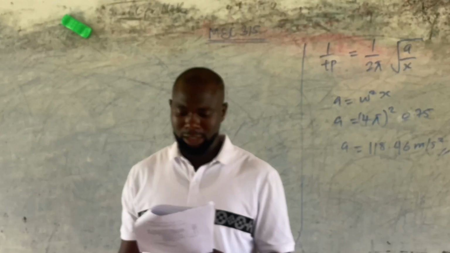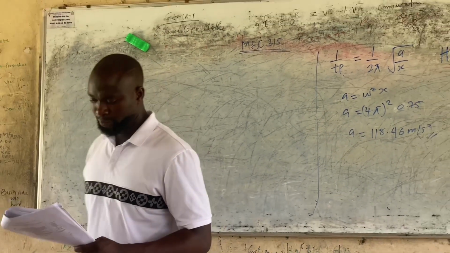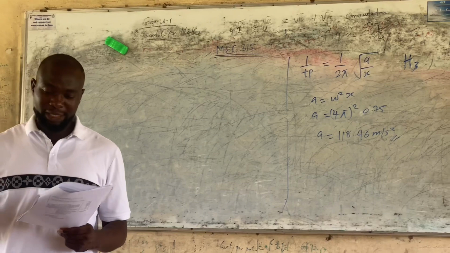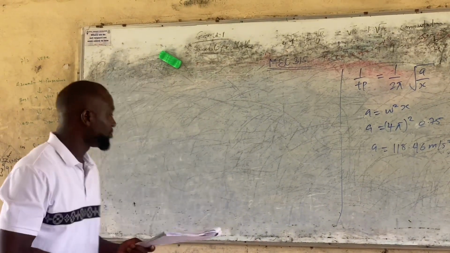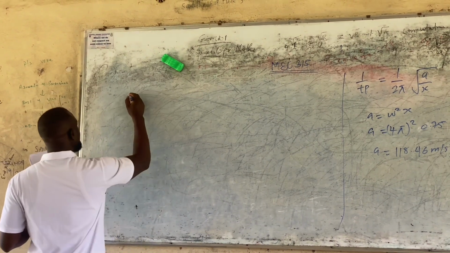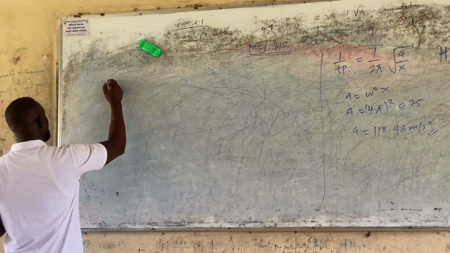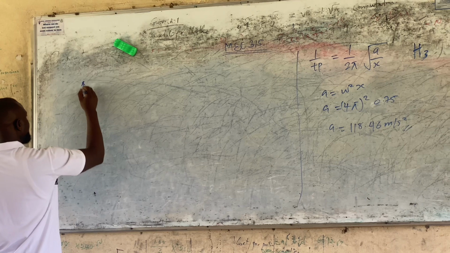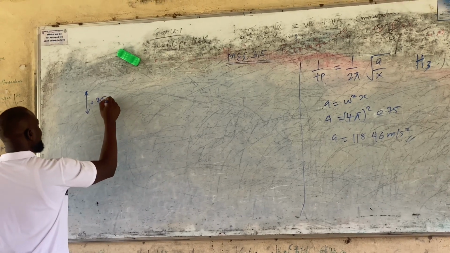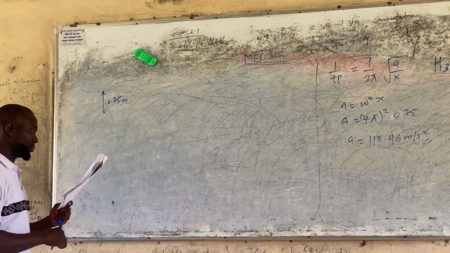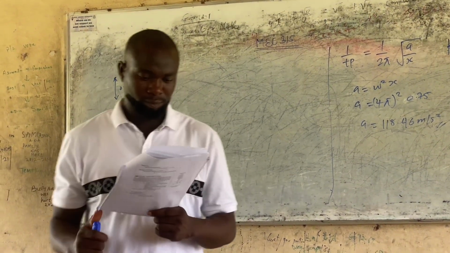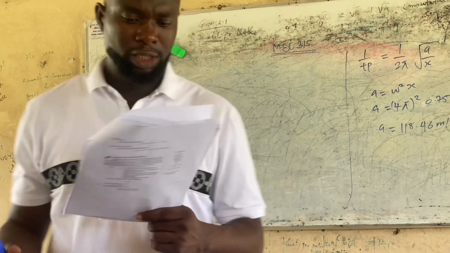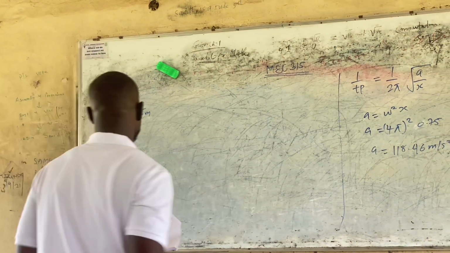A point moves with simple harmonic motion. When this point is 0.75 meters from the mid part, its velocity is 11 meters per second.